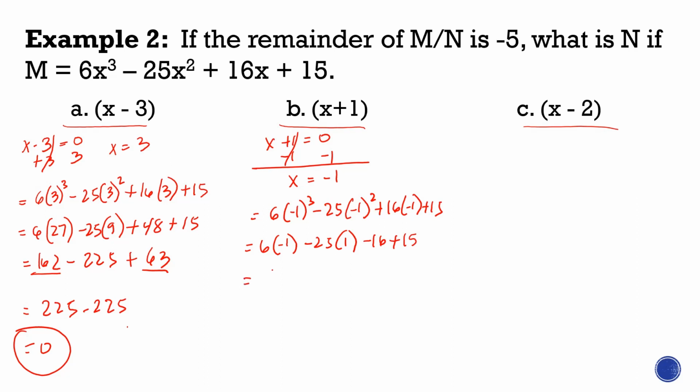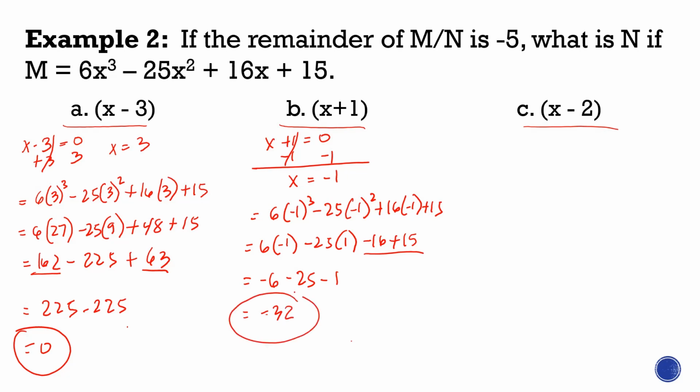Equals negative 6, minus 25, minus 1. Negative 16 plus 15 is equal to negative 1. So now we have negative 6 plus minus 25 minus 1. So this is equal to negative 32. So no, it's not B.